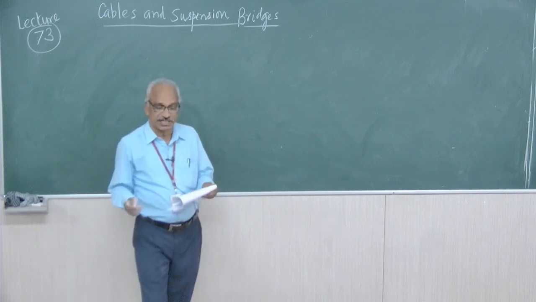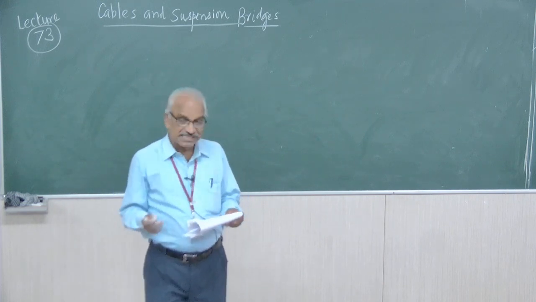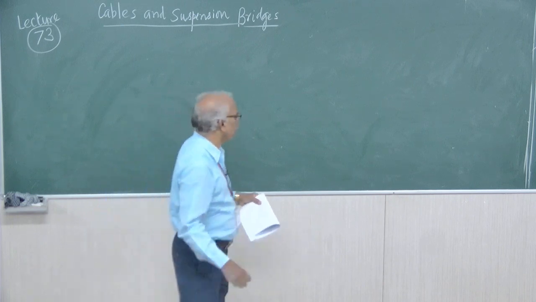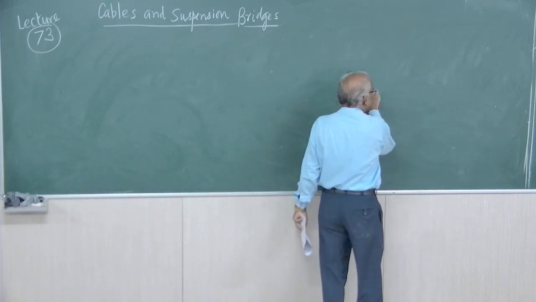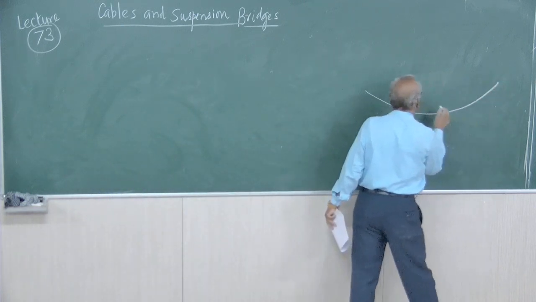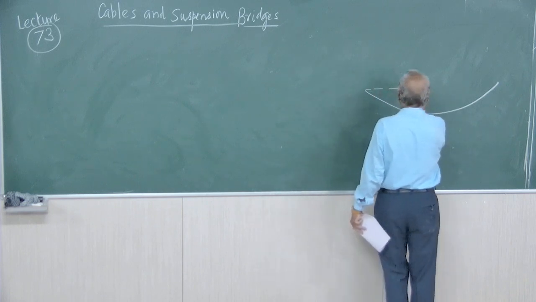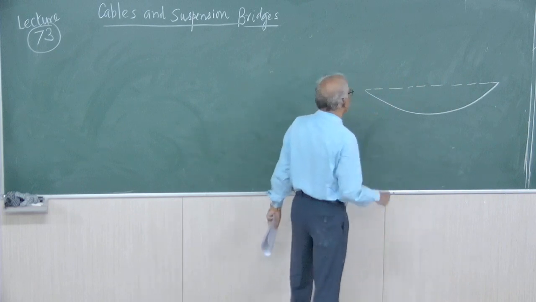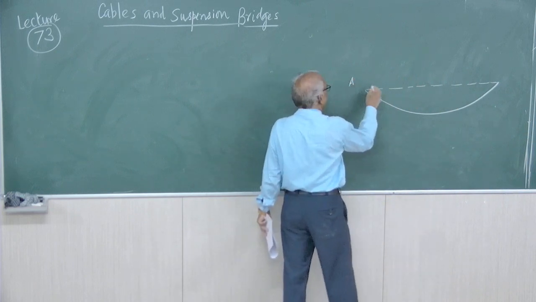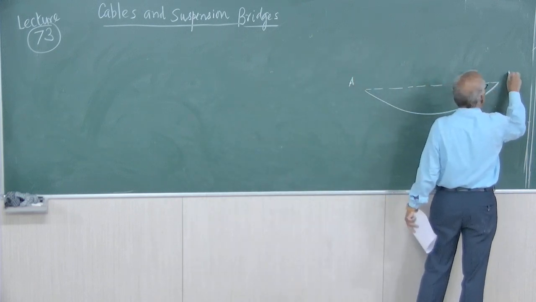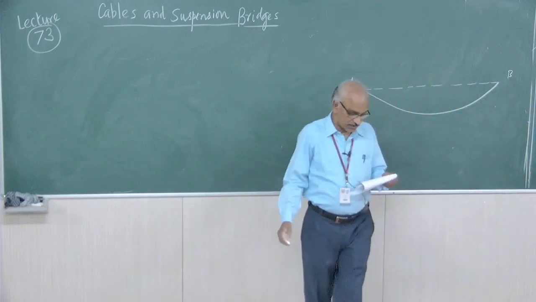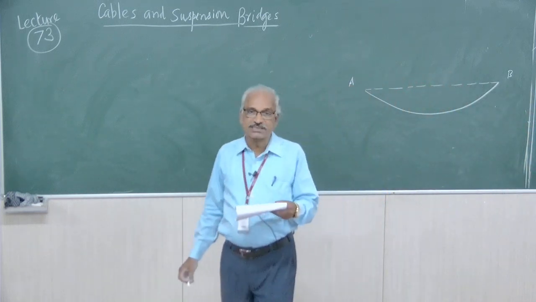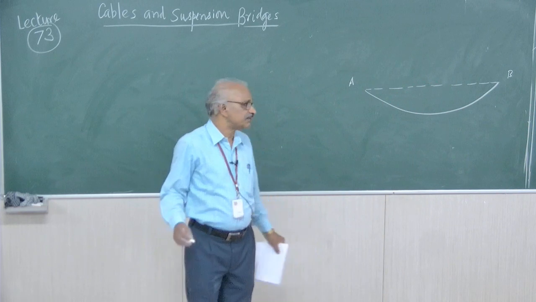A suspension cable having supports at the same level. Support A and support B at the same level, has a horizontal span of 165 meters.